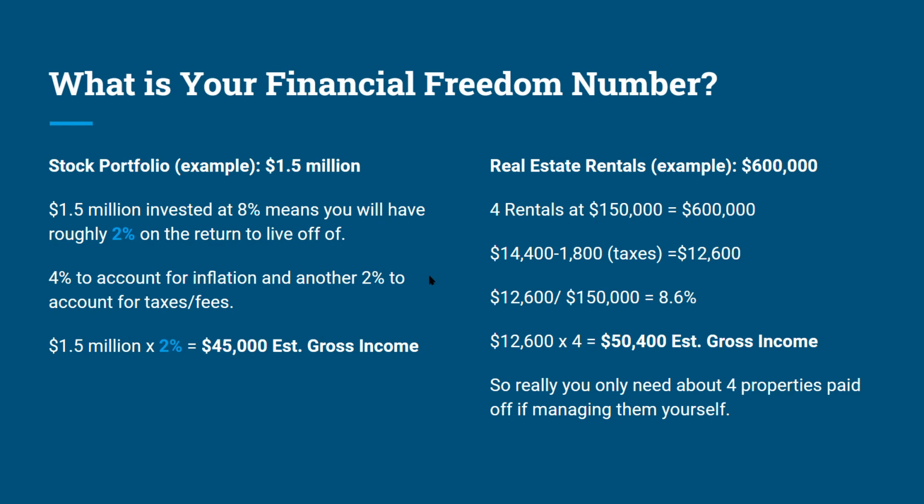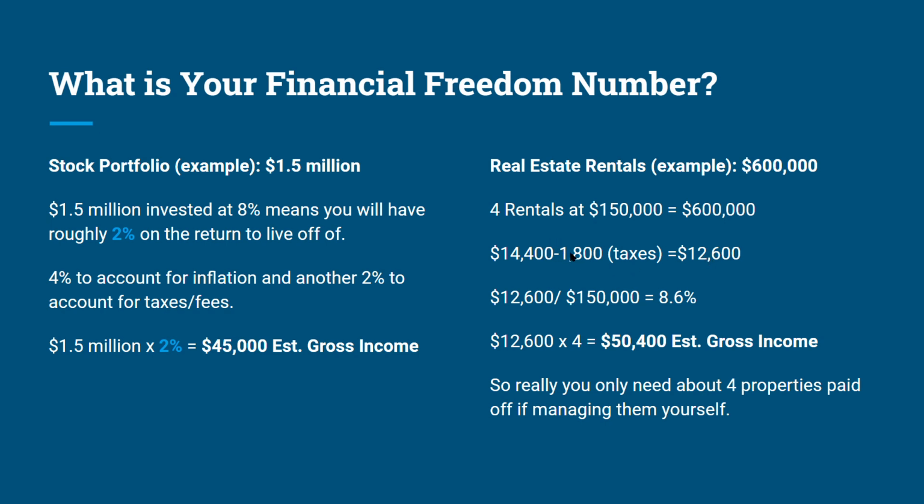So in this example, rental real estate, if you only bought 4 properties at an average price of $150,000 each, right, which can be difficult, but there's always opportunities, then the total initial value is $600,000 compared to $1.5 million. And this is a really simplified example, but your gross rent received minus taxes paid per year gives you roughly 12,000.